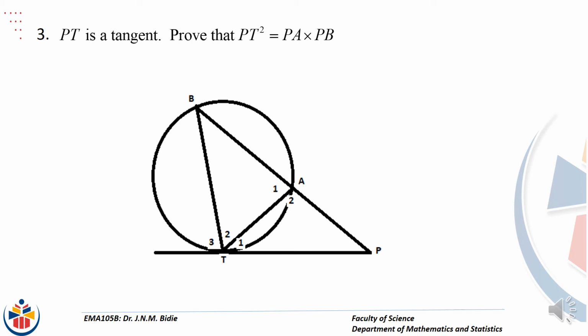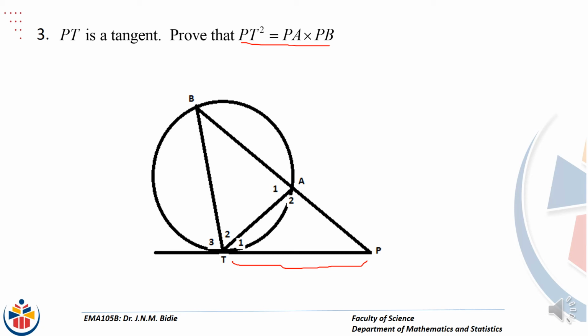Based on what we are asked to prove, that PT squared is equal to PA multiplied by PD, and PT is a tangent, we are able to use the triangles that have got the common side, which is PT.